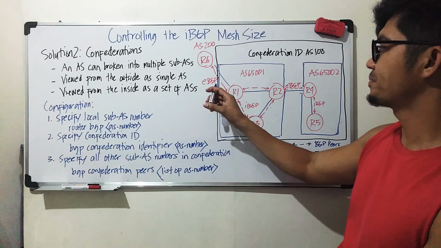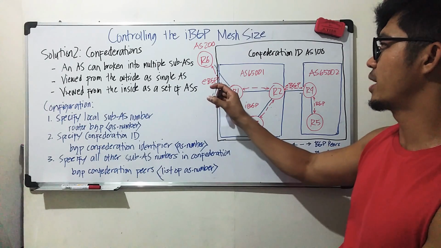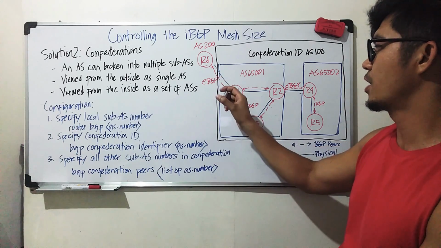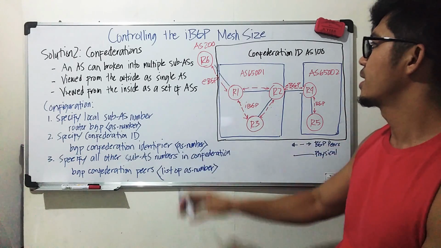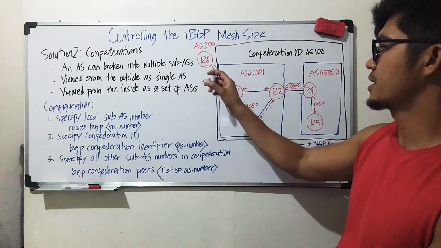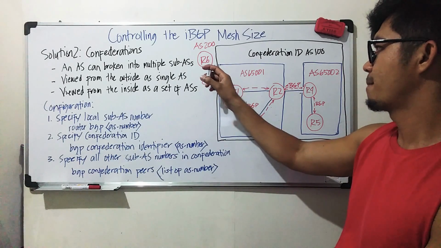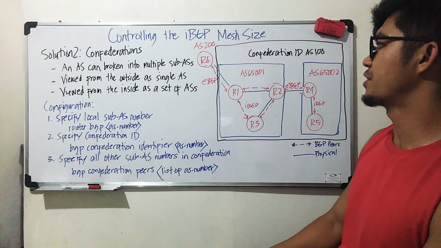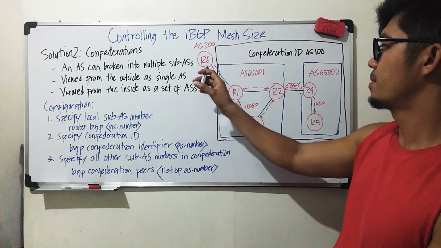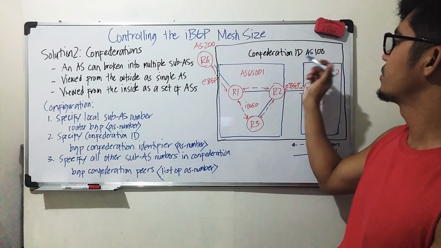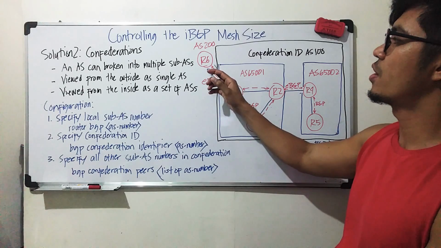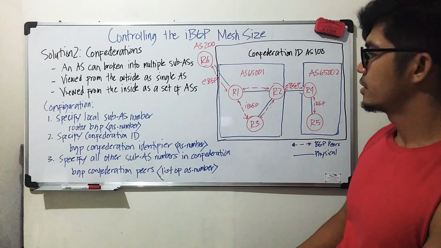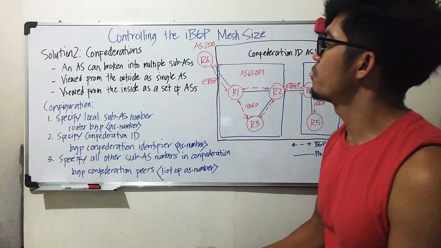But here, this is just a normal EBGP peering between R1 and R2. Like I said earlier, R1 will be configured with normal BGP configuration, and the remote AS that you would configure on R6 would be AS100.